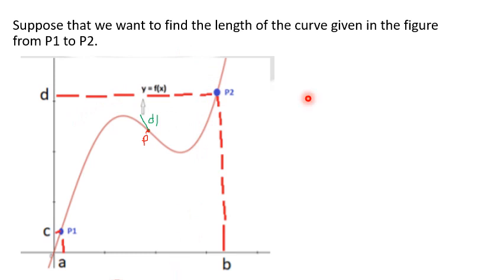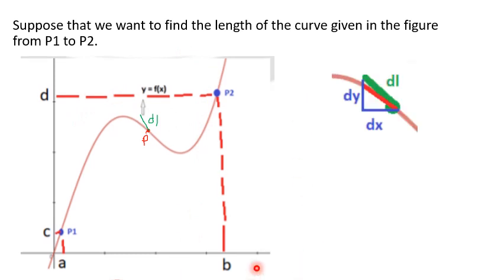So if you will try to zoom it out, this is your dl, this is your curve, which is in length, and this one here is the dy. This is the change of y, and here is the change of x.